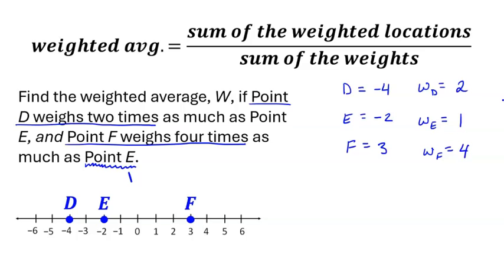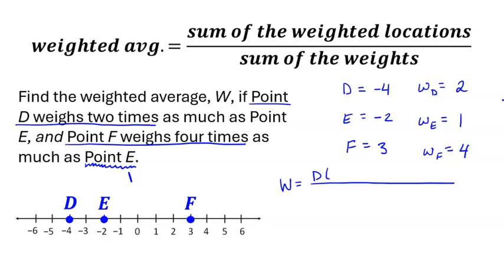Remember, this has nothing to do with the locations. They're talking about the weights. The weight of point F is 4 times the weight of point E, not its location. All right, now when I go to write out my formula, remember we're taking the sum of the weighted locations.